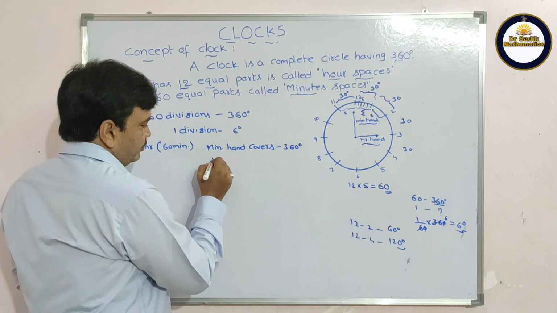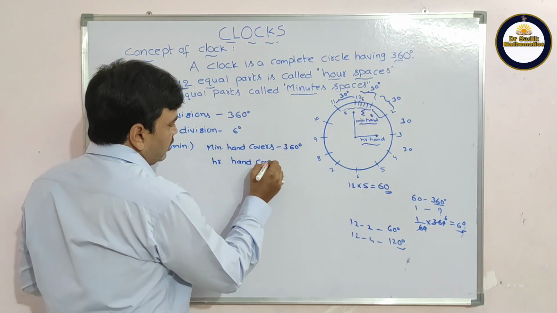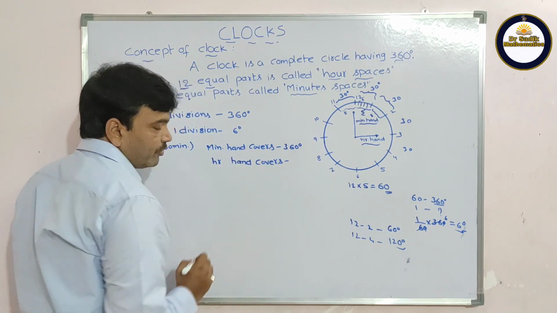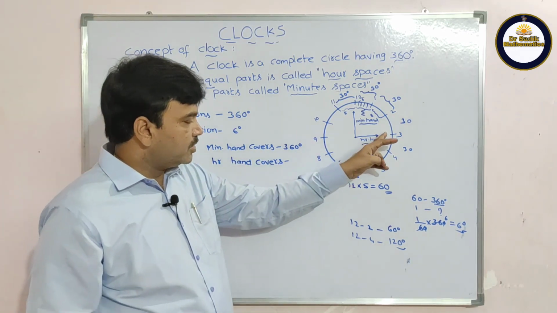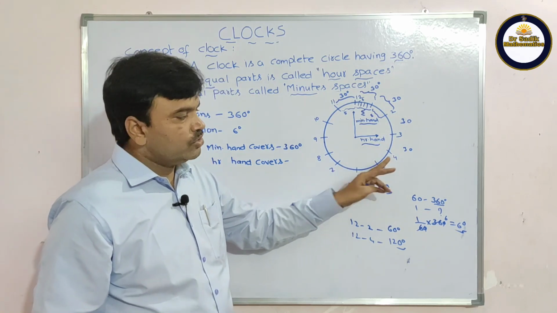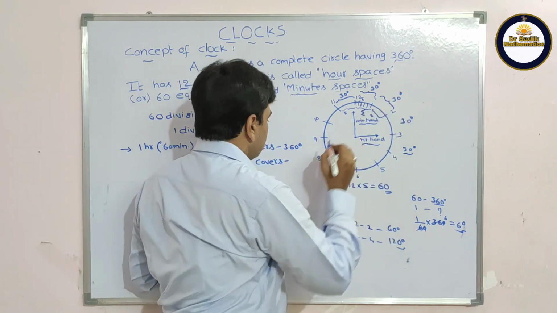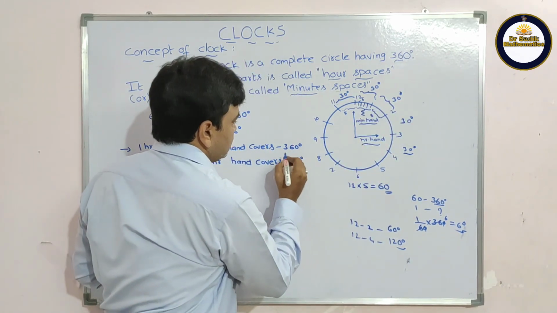Now the hour hand covers: suppose it is at 3, after 1 hour it is at 4. So it covers 30 degrees.